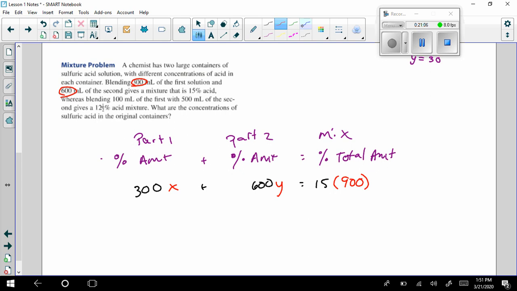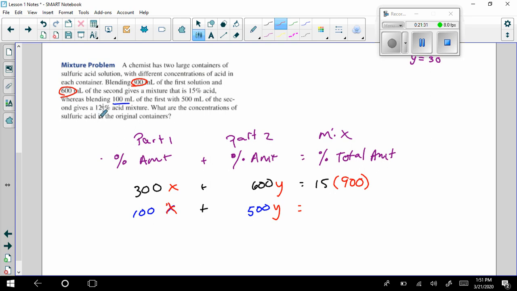Just know that you'll get a percentage as your answer. The second one says 100 of the first, same x, plus 500 of the second. So same y, same percentage concentration of that second one.